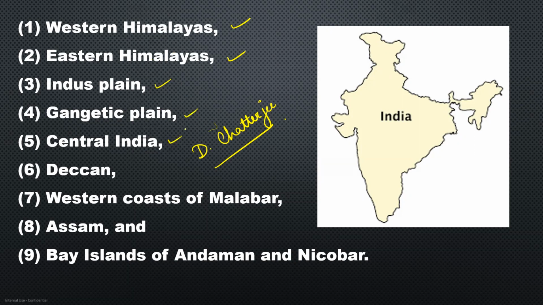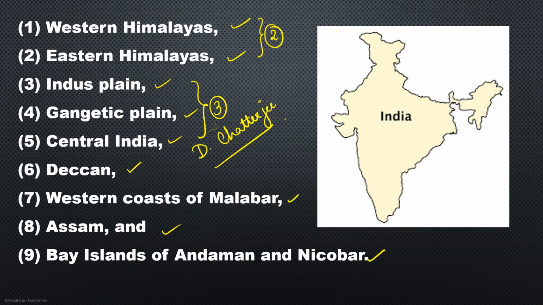For you to remember, just remember Himalayas, 2 parts, Western and Eastern, 3 types of plains, Indus Plain, Gangetic Plain, Central Indian Plain, or plains of Central India. Then next comes Deccan, western coast of Malabar, Assam, and Bay Islands of Andaman and Nicobar.